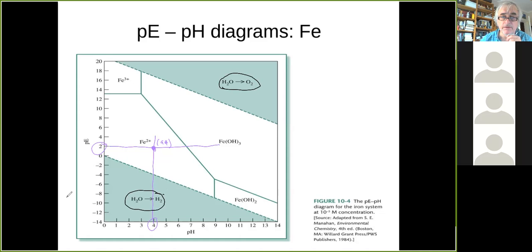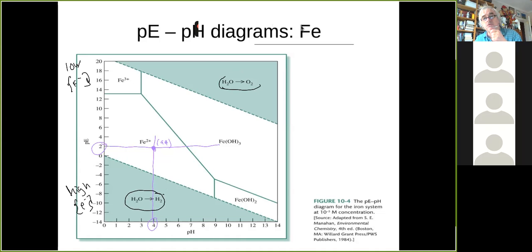Well, remembering what we were speaking about, we have a high electron activity, a surplus of electrons, at low values here in PE or E. And up here we have a low electron activity. So what happens if you have a very low electron activity? What happens with the water molecule?